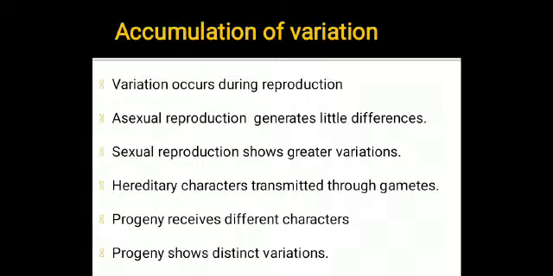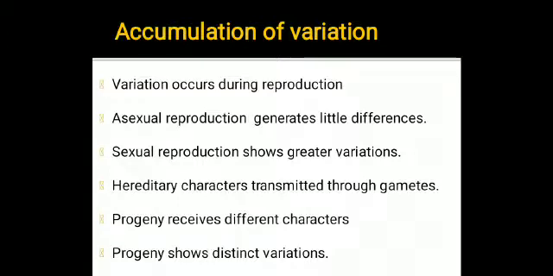Whether the organism multiplies sexually or asexually, normally asexual reproduction generates little differences among the individuals, because the plant or animal is produced from a single parent.